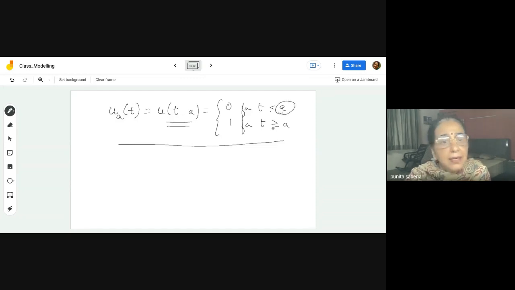So a can be 1, a can be 2, a can be anything, right? So this is a general definition of a step function. We defined it as u of t minus a, which is 0 for t less than a and 1 for t more than or equal to a. Is this clear? Just see it once again, and if there is a problem, you can look it up in the book also. They have explained it there.